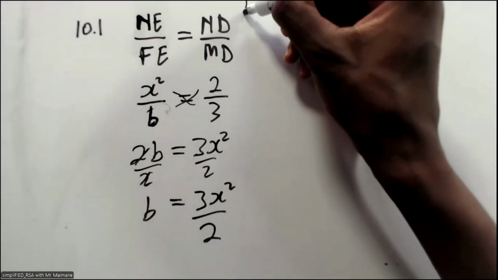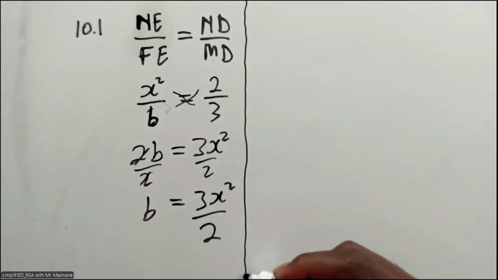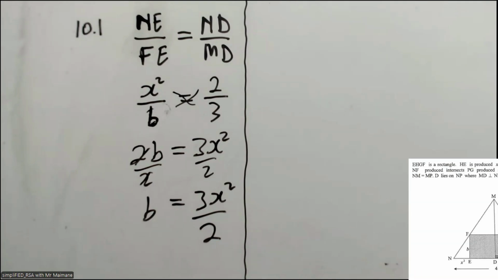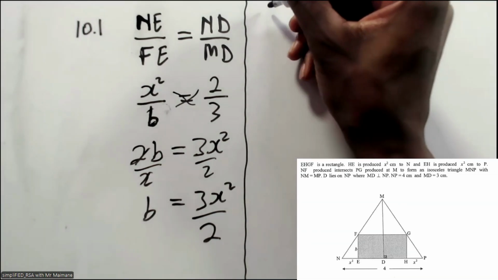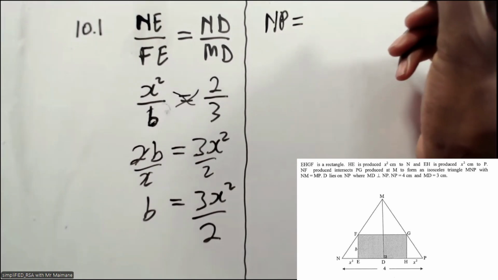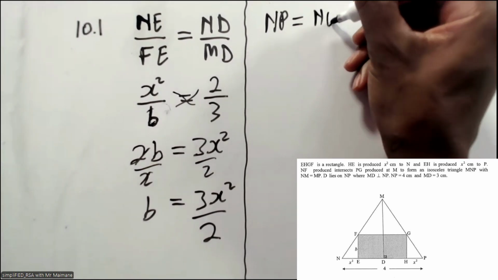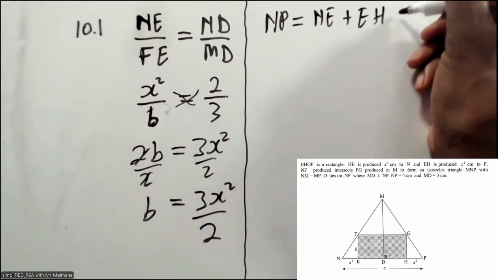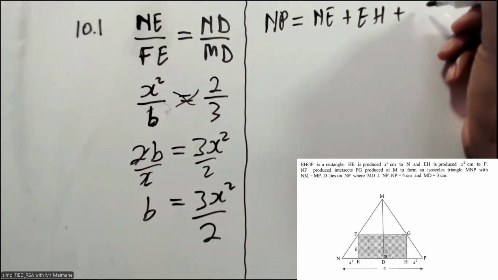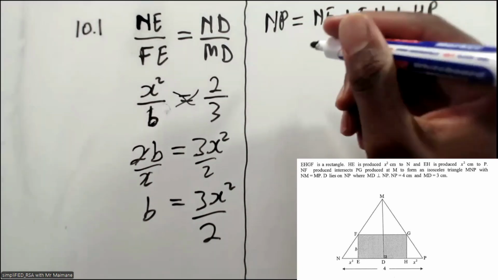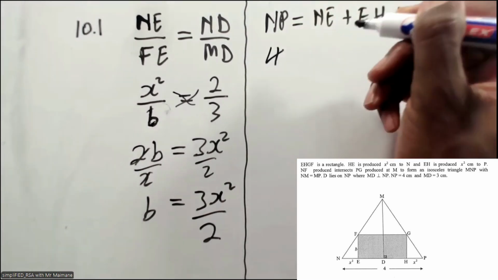Now, let's get EH for the width. NP is composed of NE plus EH plus HP. I know NP is 4 centimeters.